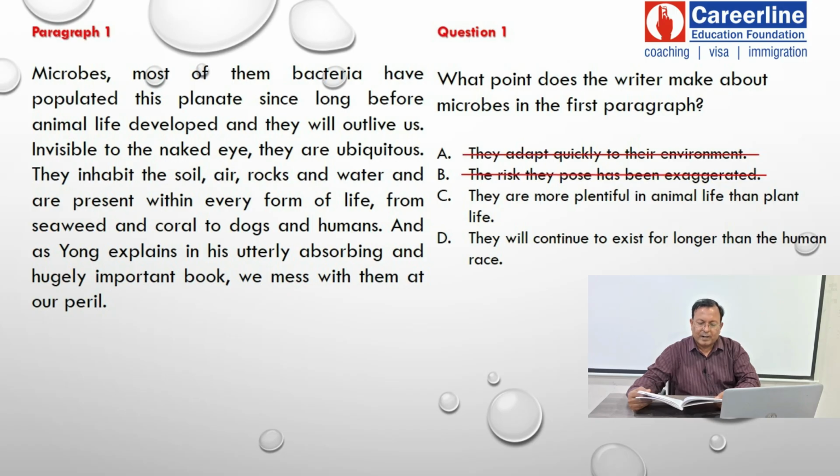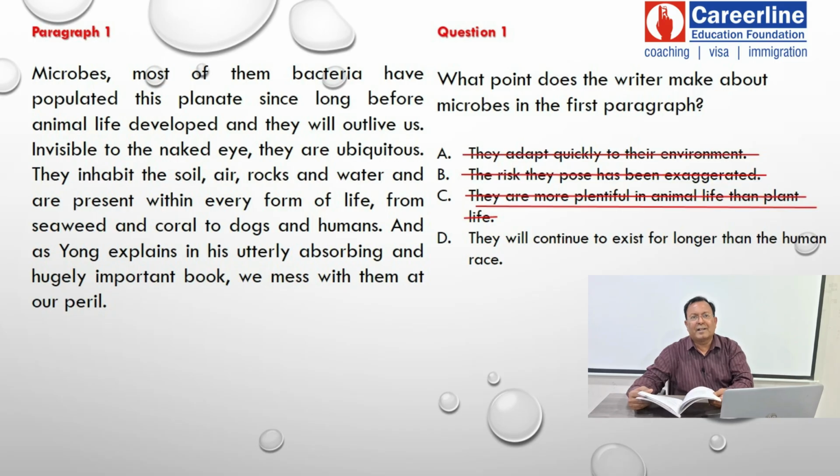They are more plentiful in animal life than plant life. Plant life and animal life both were compared over here, but the number of microbes was not mentioned, so this option is wrong. And looking at the last option, they will continue to exist for longer than human race. So yes, this was mentioned.